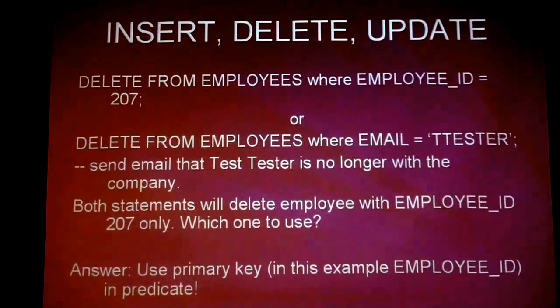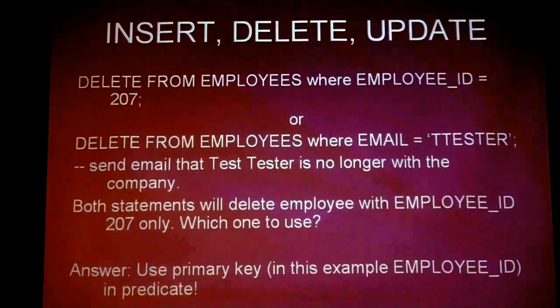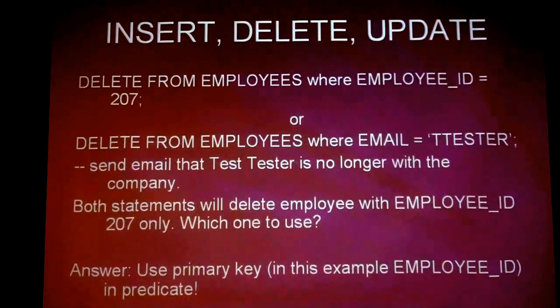I don't know how they shared the email or how the actual email server figured it out, but indeed they had this one email for two different people. So in that case, you have to rely on employee ID. Employee ID guarantees that there will be only one person matching it. So the delete statement is better written the first way, using employee ID.